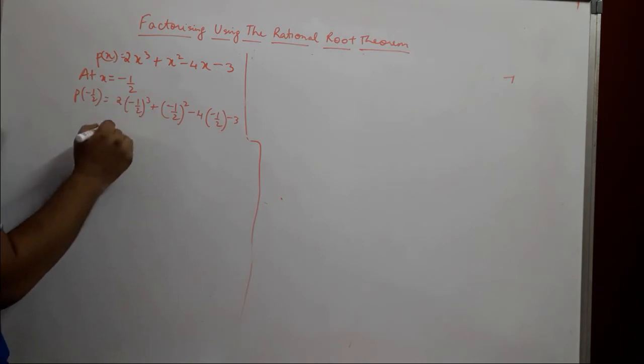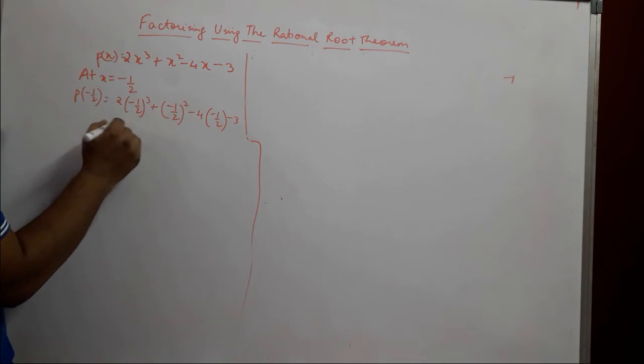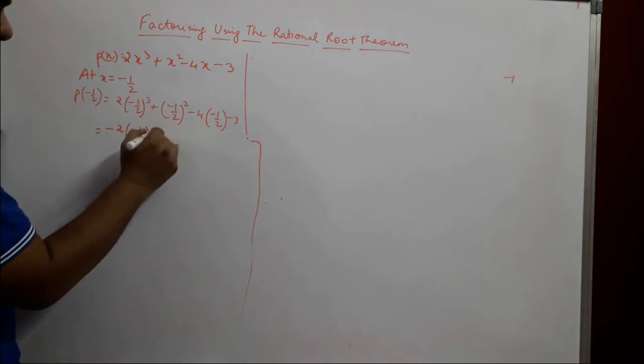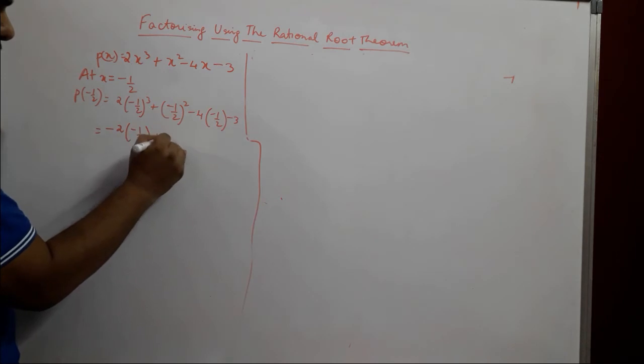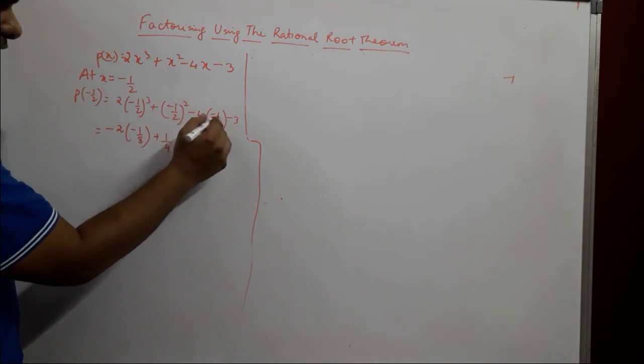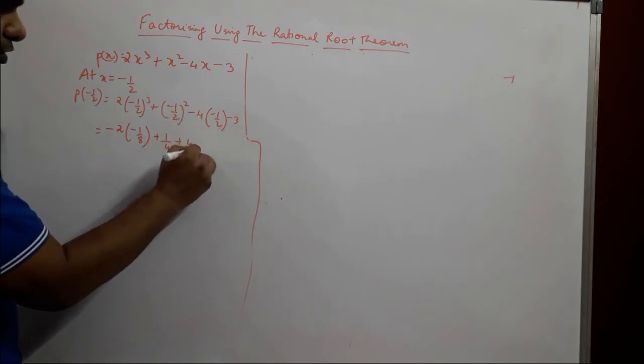Once again we'll open the bracket. So minus half whole cube gives us minus 1 upon 8. We can write this as 2 into minus 1 upon 8. Here this will become positive 1 upon 4. Here minus 1 gets multiplied with minus 4 and we get plus 4 upon 2 minus 3.